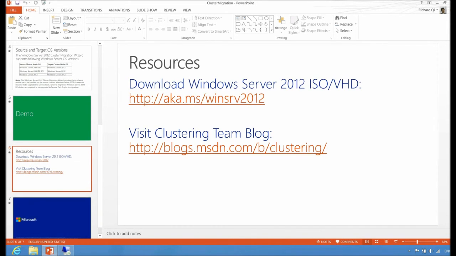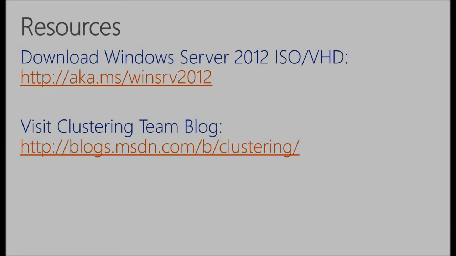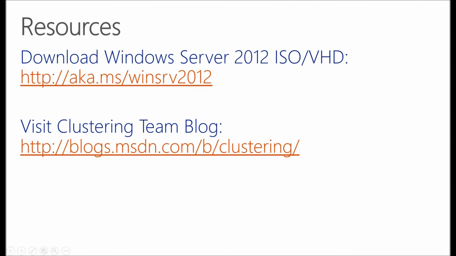Now there are some resources you may want to get to. First of all, I always tell IT pros the best way to learn things is to try it out. And I'm sure you guys love hands-on. So make sure you download Windows Server 2012. Either download the ISO to build it on your own or download the VHD. I have a very short URL for you, aka.ms/winsrv2012.